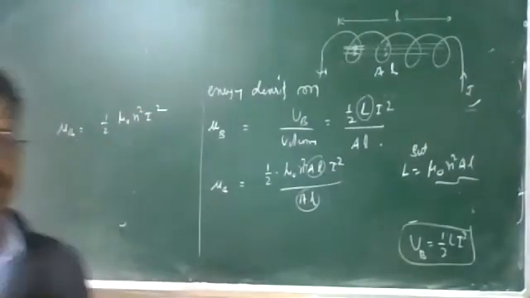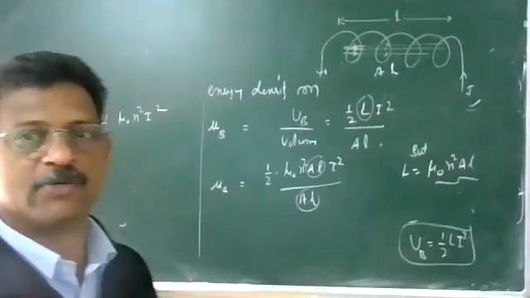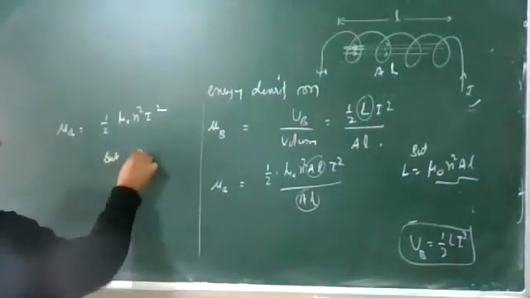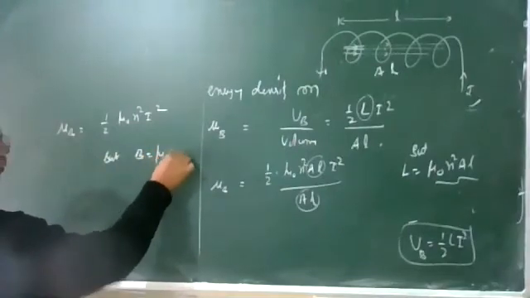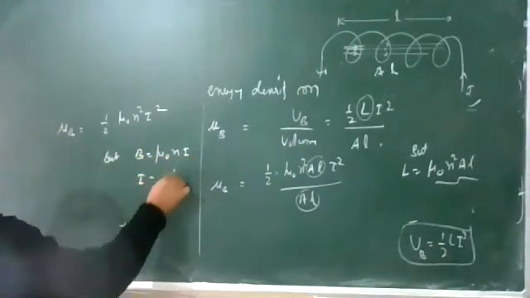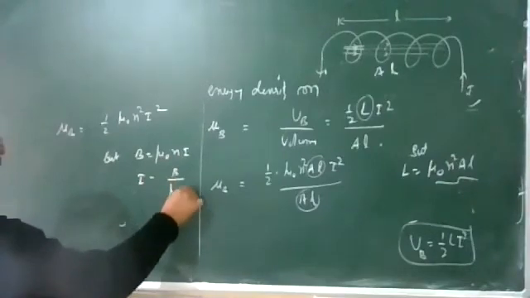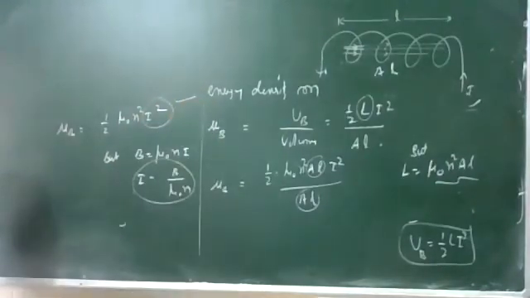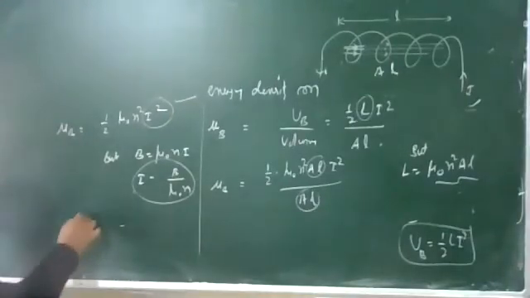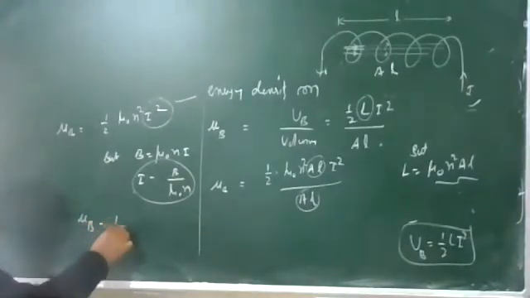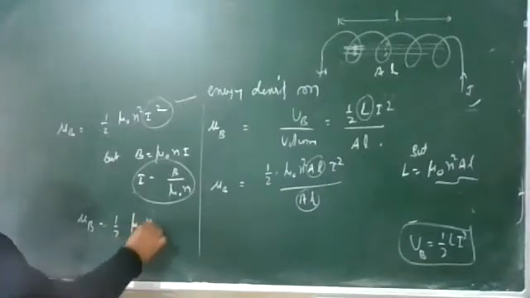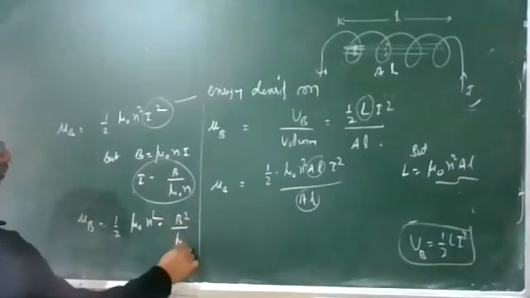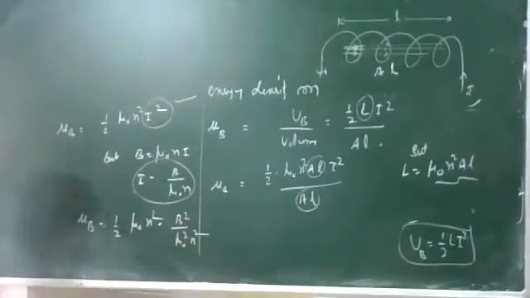But we are going to remove I in terms of other parameters. Magnetic field in this coil is given as B equal to mu naught N I. So I is B divided by mu naught N. Substituting the value of I here in this equation, we get u equal to half mu naught N square into B square divided by mu naught square N square.